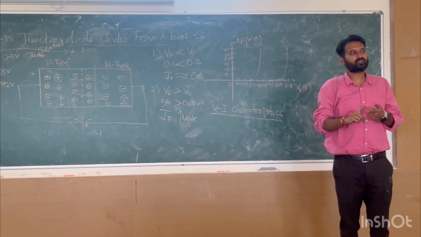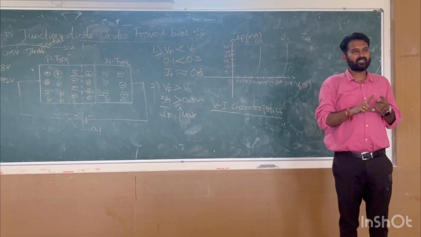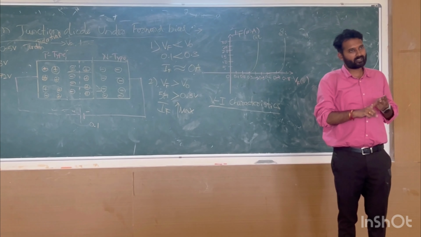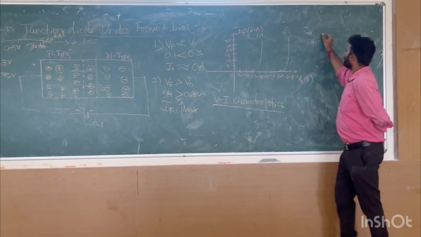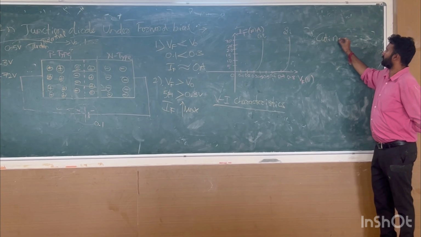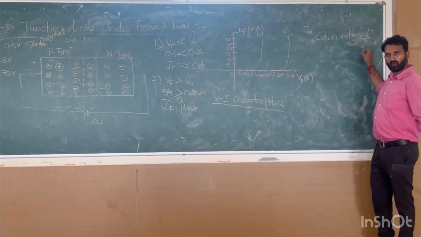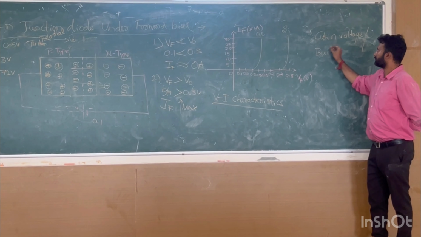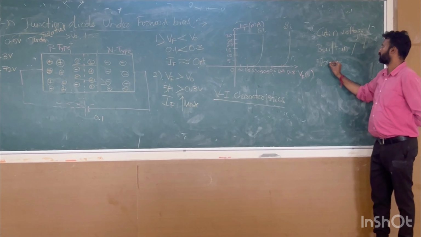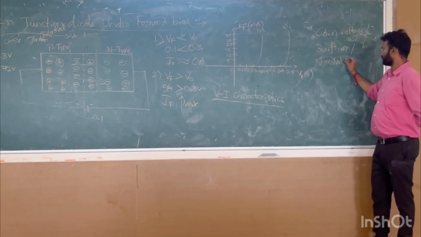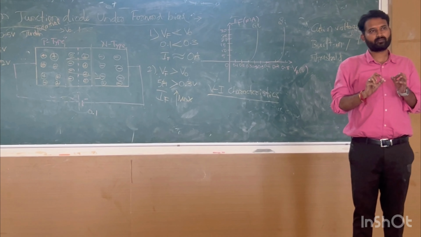That feature is built-in voltage, also called cut-in voltage, also called threshold voltage. This feature is available only in forward bias condition.